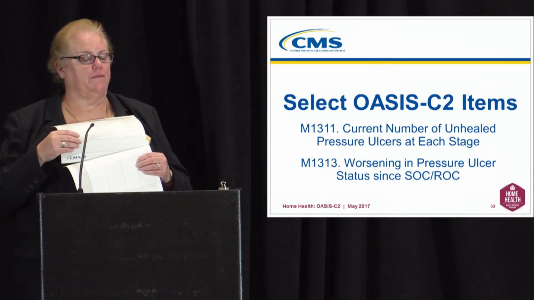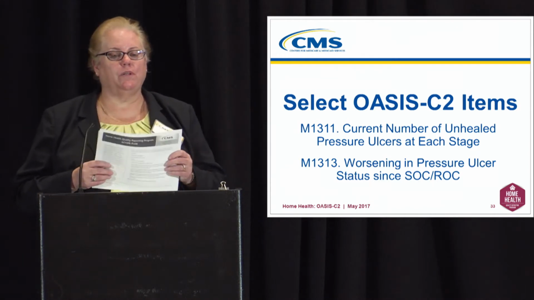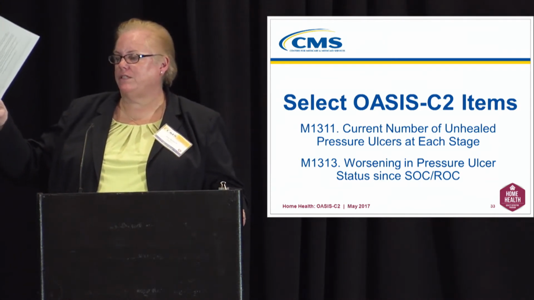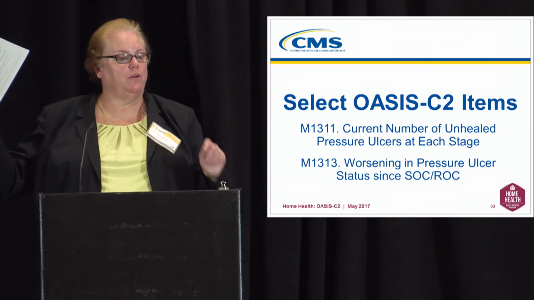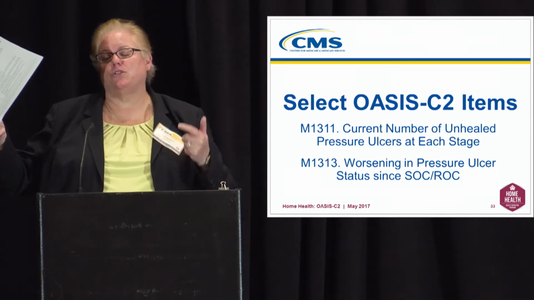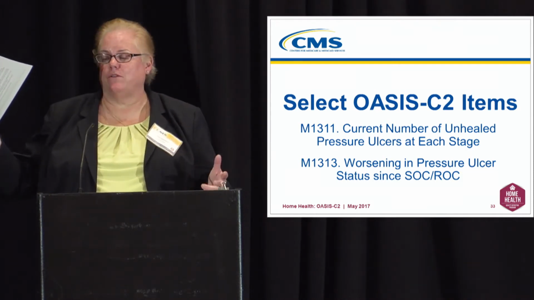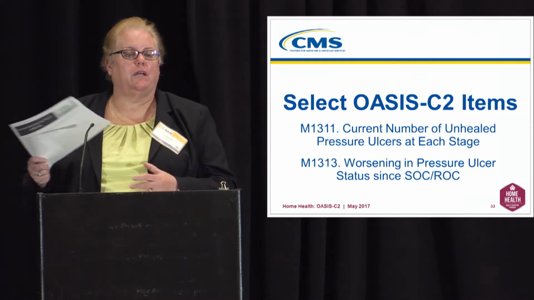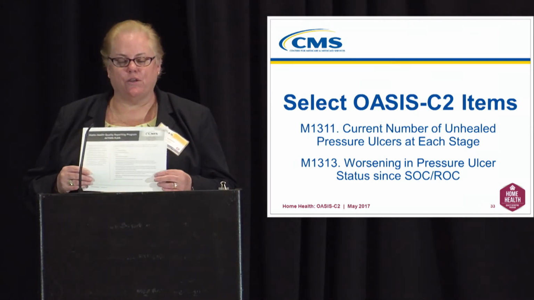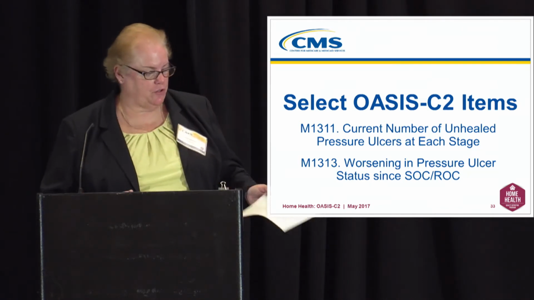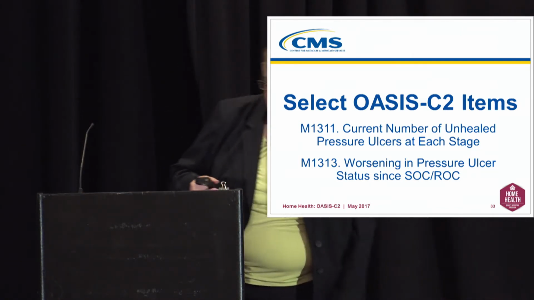What am I thinking of today? The idea is when you leave this training that you've got a little bit of a roadmap for yourself on some of the key things that you want to make sure that you either investigate, maybe you put some education in place, or you do some competencies around, so that you're comfortable that your staff is coding the OASIS accurately so that you have accurate quality measures. So that's called the action plan.